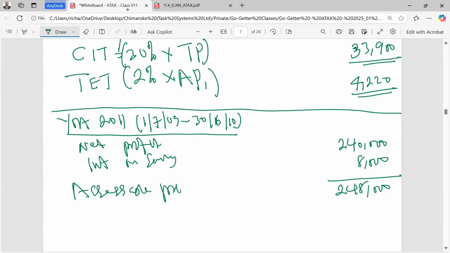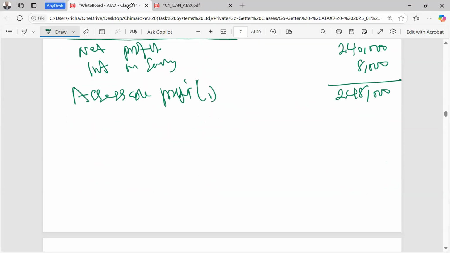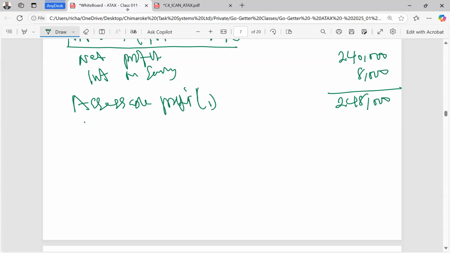Accessible profit. If I were you, I would just put 1, although I know that it's only one accessible profit we'll have here. Anytime we don't have any loss, we will only have one accessible profit. It is when we have a loss that we'll have two accessible profits.